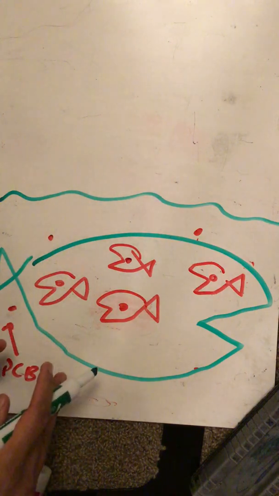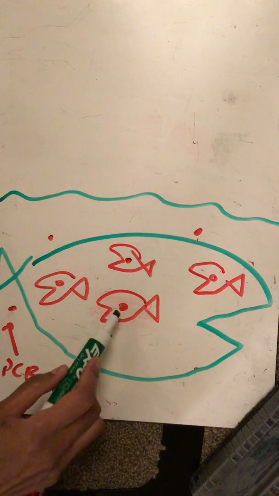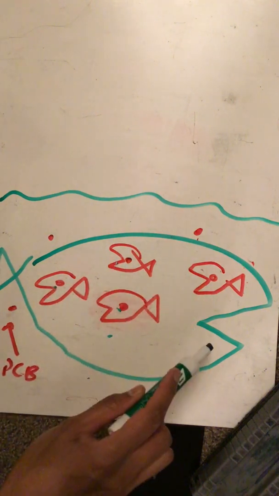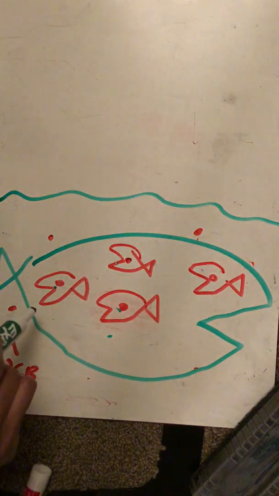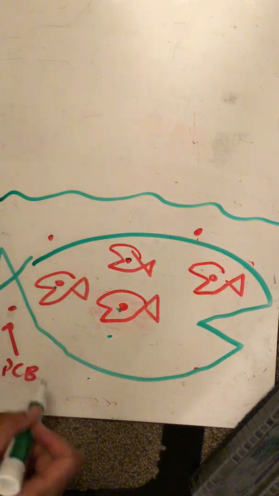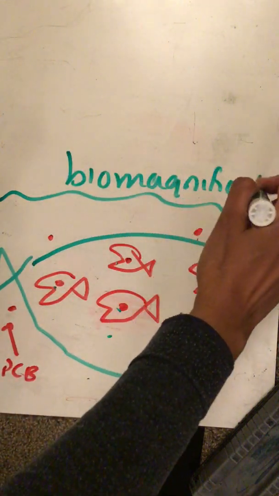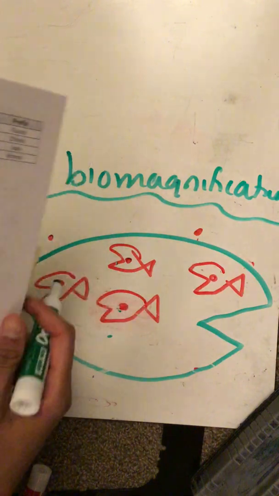Well, wouldn't this bigger fish accumulate even more toxins? Each one of these small fishes only had 1 unit of toxins in its body, but when this big fish eats them, this big fish now has 4 of these units in its body, okay? So this is called biomagnification, or biological amplification, and that's what this is talking about.